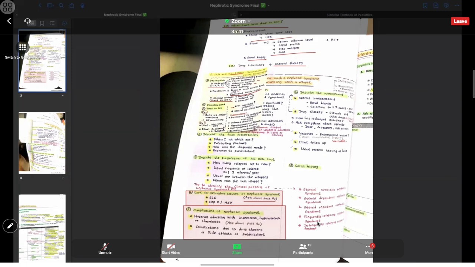You can't give MMR while the child is on steroids. So that will have to be delayed. So you have to ask whether that was delayed, because this problem happened while we were doing pediatrics. There was one patient who had got MMR while on steroids, so that was an issue. The examiner was annoyed that we didn't pick it up while taking the history. Okay, right. Thank you.